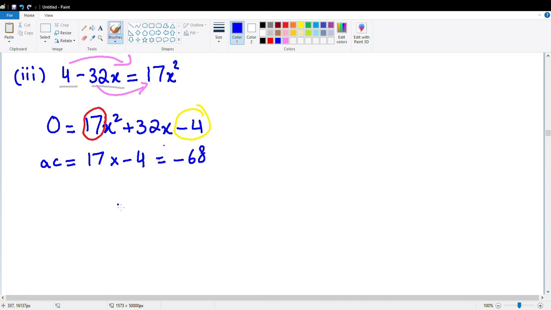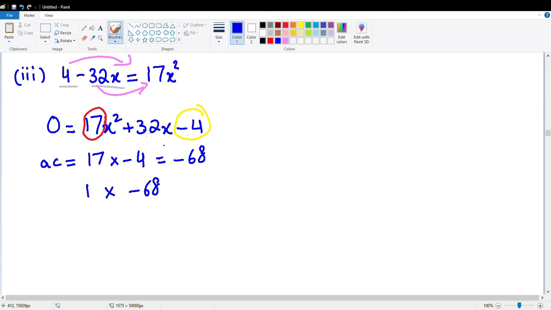And factorizing minus 68, we can get 1 and minus 68. Keep in mind that one of the factors in a pair of factors that we're going to use has to be negative, because over here we get minus 68.